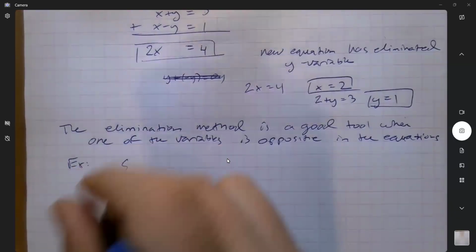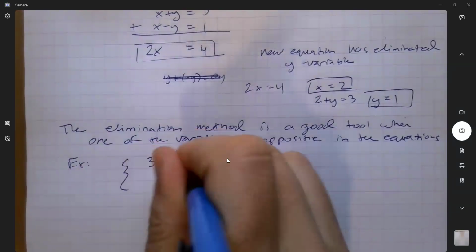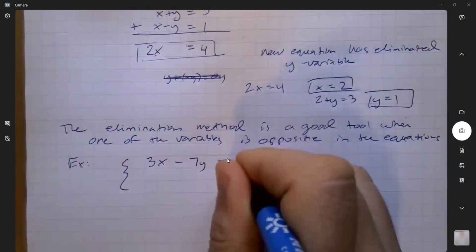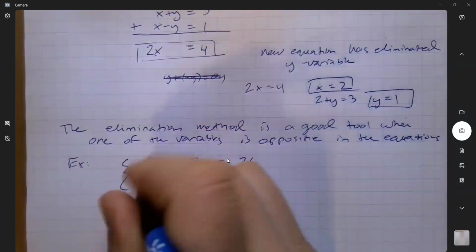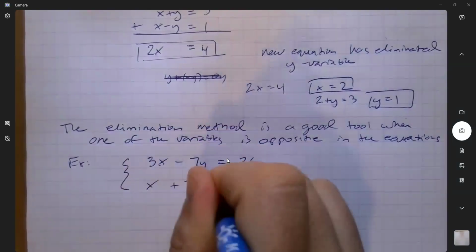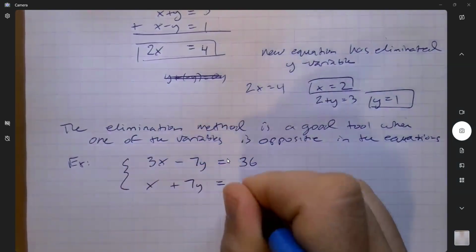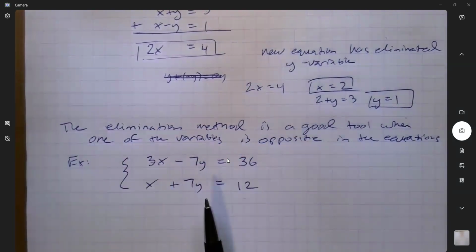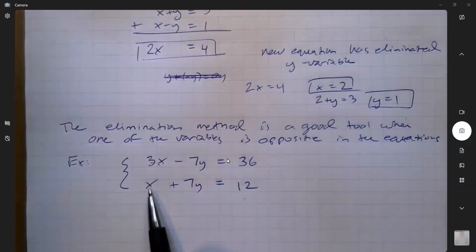Let's solve the system 3x minus 7y equals 36, and x plus 7y equals 12. I know I could graph these. I could do a substitution. It'd be pretty easy to solve for x in that second equation and then substitute it into the first.